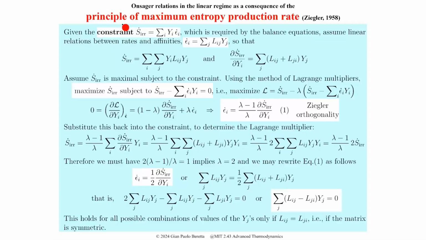So here, the idea is the following. What are the constraints for a chemically reacting system? Okay, we'll take as a constraint this equation, which comes from the entropy balance plus our model for the properties.